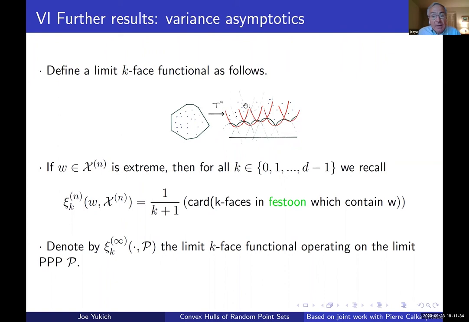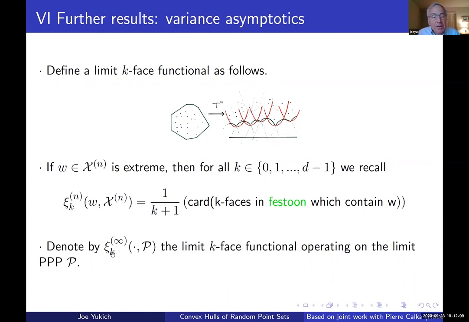Namely, we replace these transformed points xn by the limiting point process P. So P is a Poisson point process of intensity 1 in the upper half plane. We have a festoon suspended on these points, and we define psi k to be 1 over k plus 1 times the cardinality of the k-faces in the limiting festoon which contain W, if the point is extreme. Otherwise, we define the score function to be 0.